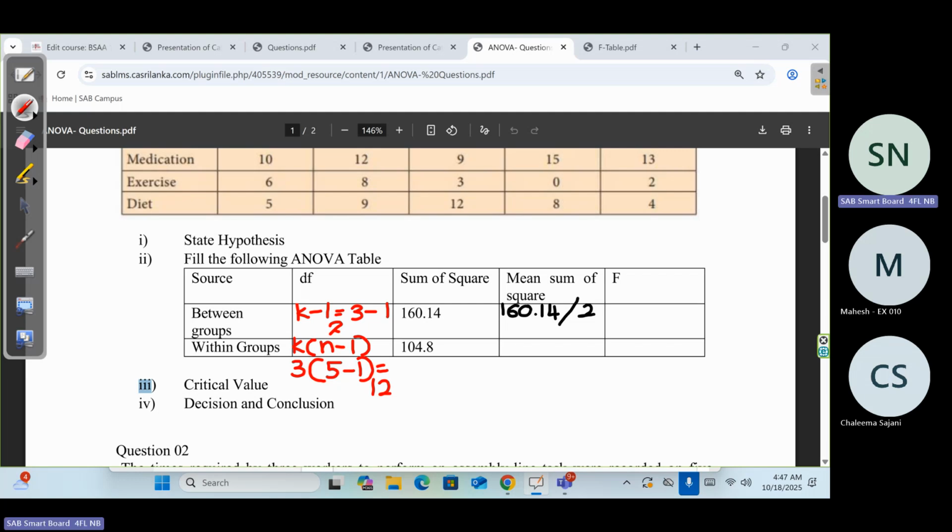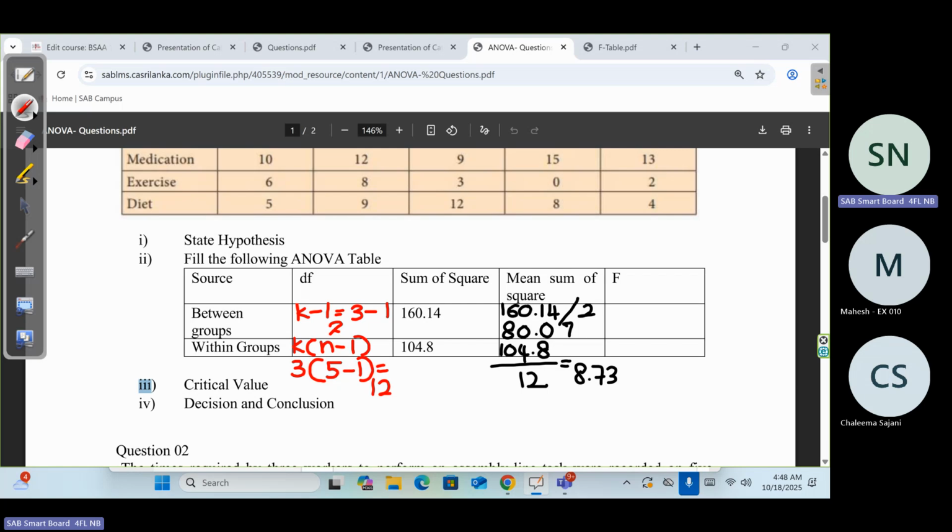The answer is 80.07. Then here 104.8 divided by 12. What is the answer? 8.7.